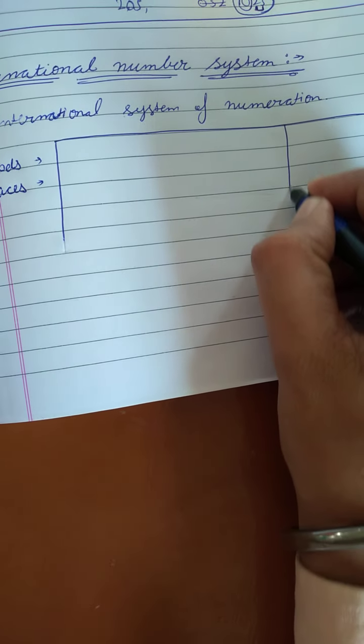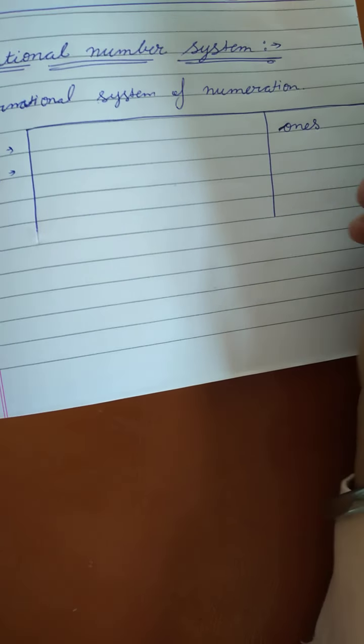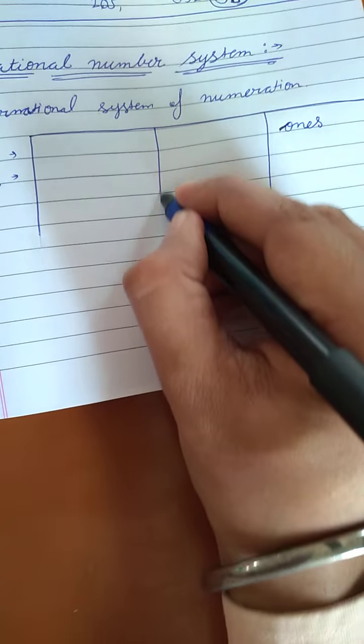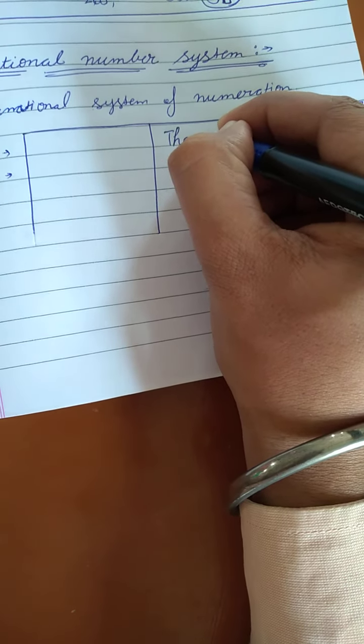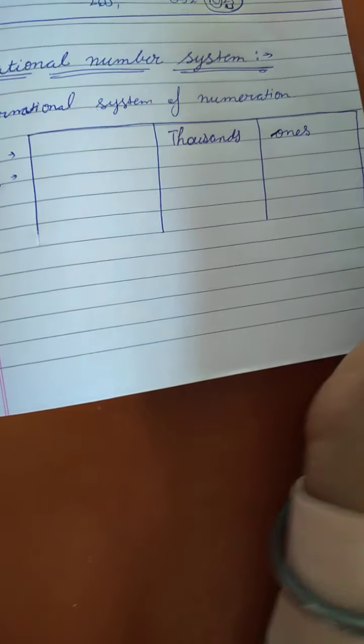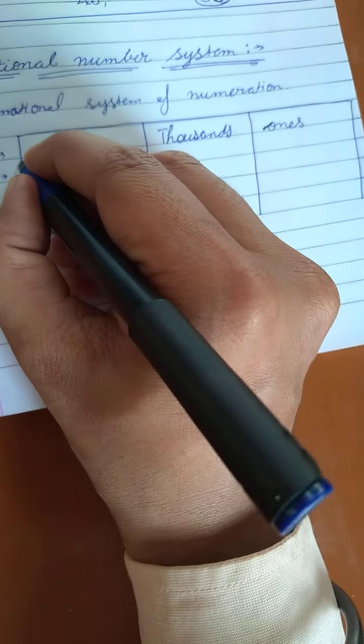In your syllabus you have discussed only three periods that belong to the international number system. First is ones period, second is thousands period, and last but not the least, that is millions period.